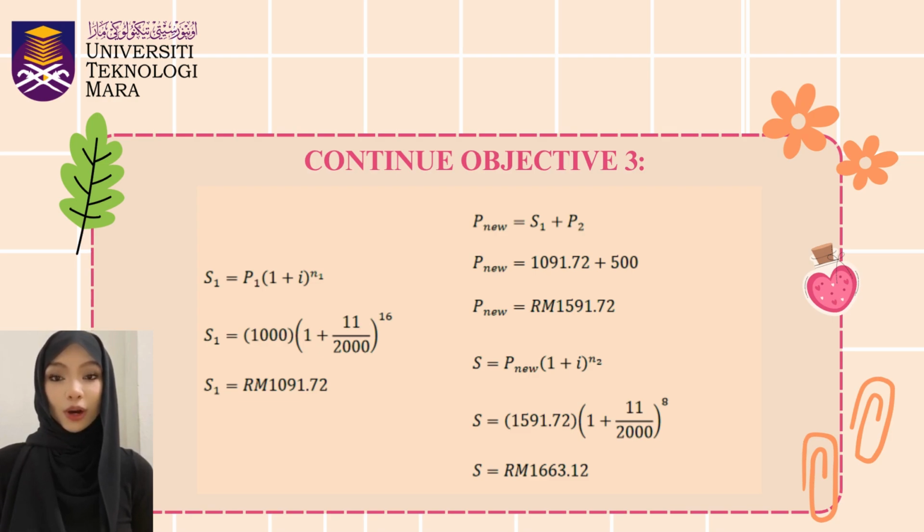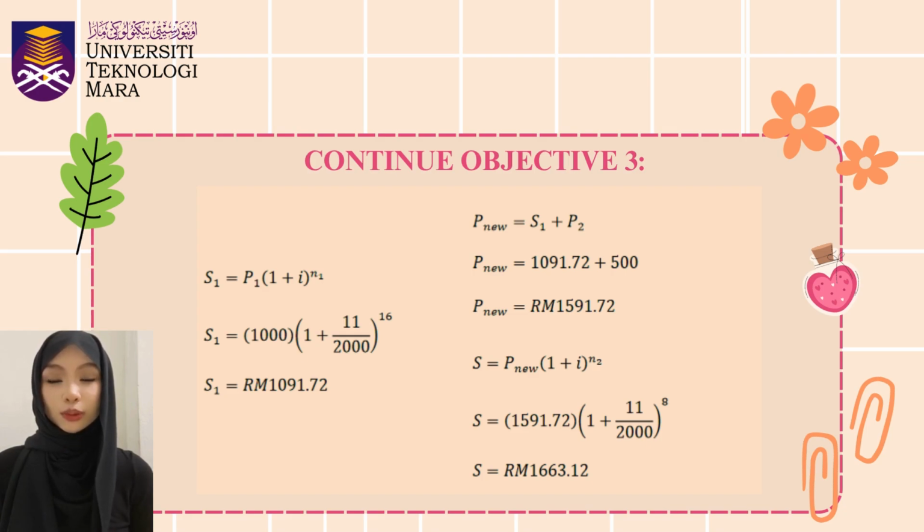S1 equals P1 in bracket 1 plus I to the power of N1. S1 equals 1,000 in bracket 1 plus 11 over 2,000 to the power of 16. S1 equals RM1,091.72. Next, P new equals S1 plus P2. P new equals 1,091.72 plus 500.